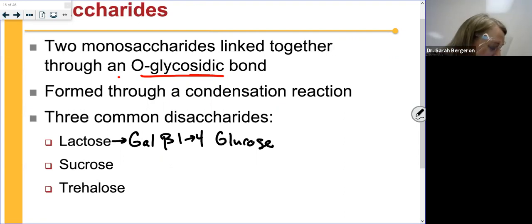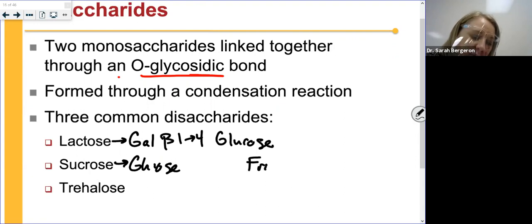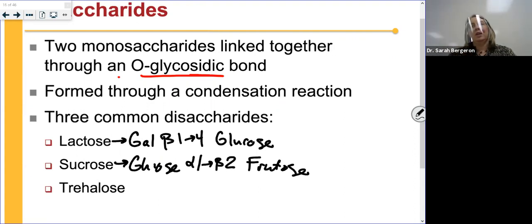Some people might not drink milk, but sucrose is glucose and fructose. And it is an alpha 1 beta 2. Okay, why did the nomenclature change? Why are we a beta 1,4 and an alpha 1 beta 2? Anybody have any ideas?